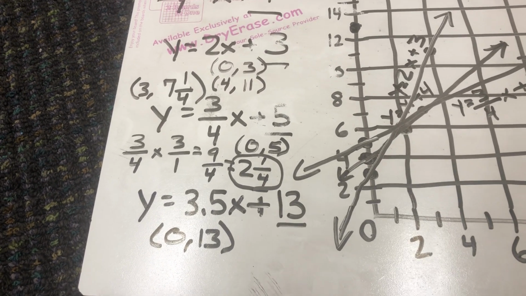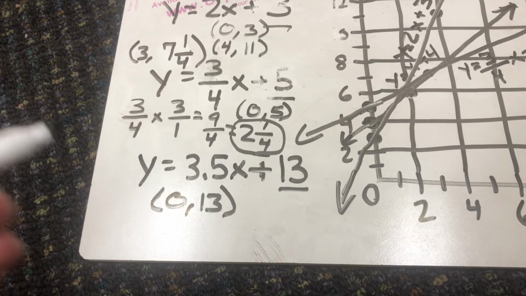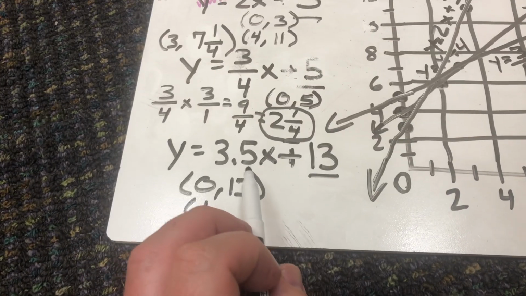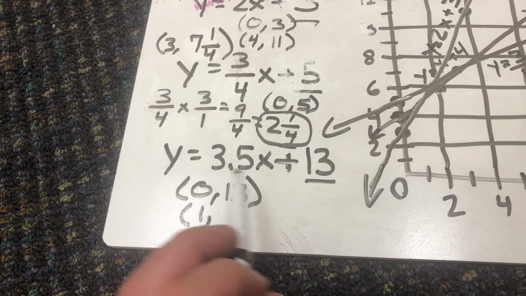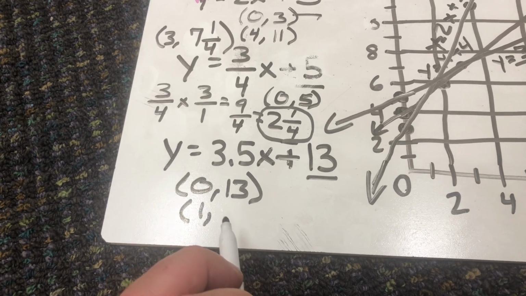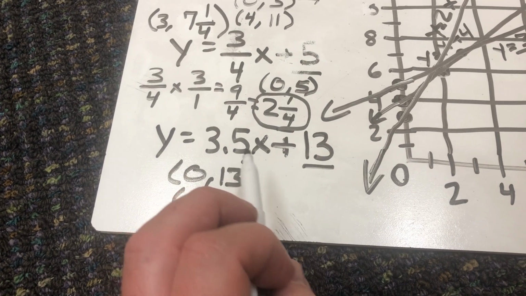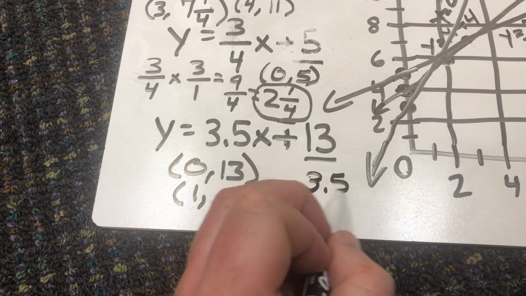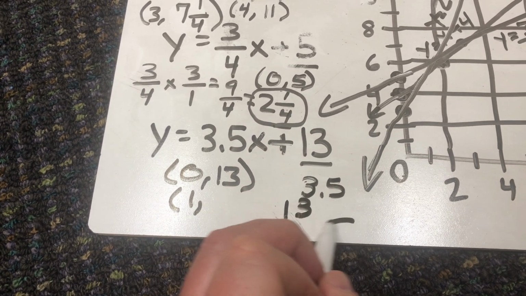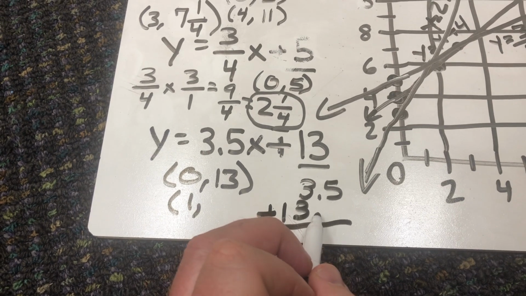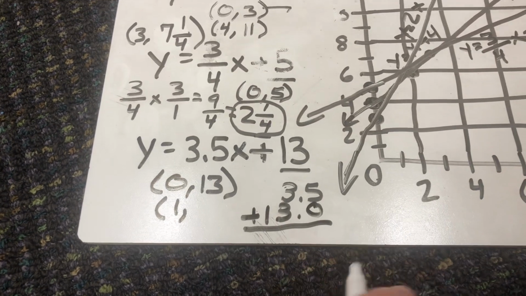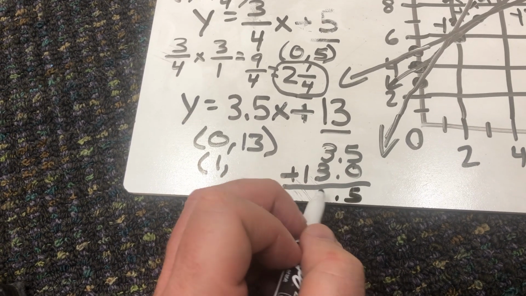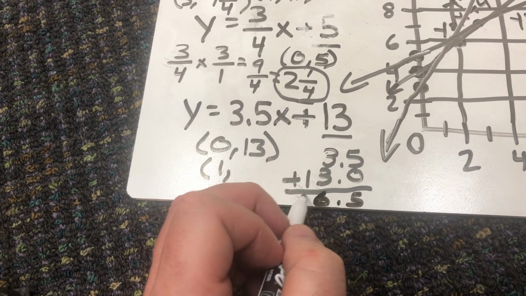Now, I think to myself, okay, what about if x equals 1? Well, if I make x 1, then 3.5 times 1 is 3.5. If I take 13 and add it to 3.5, remember, you've got to line up your places when you add decimals, because this would be like 13.0. 5 plus 0 is 5, 3 plus 3, drop the decimal straight down, is 6, nothing plus 1 is 1.